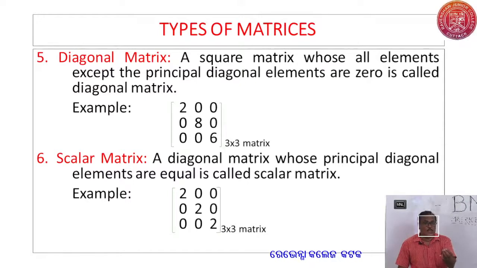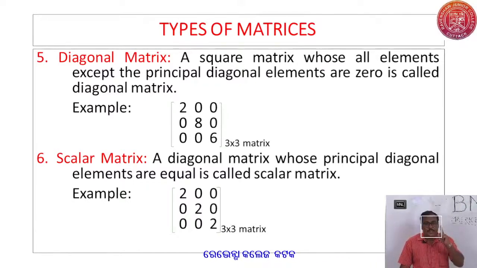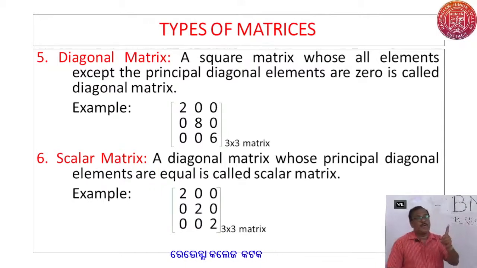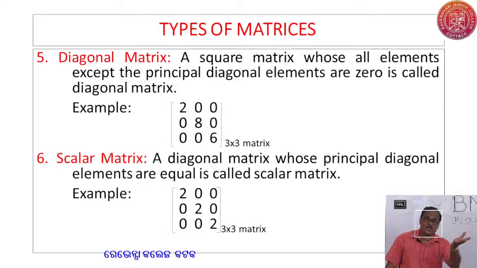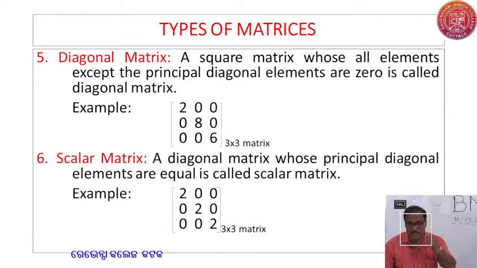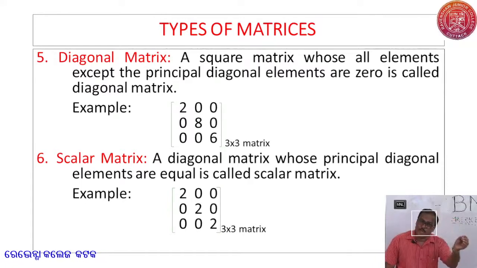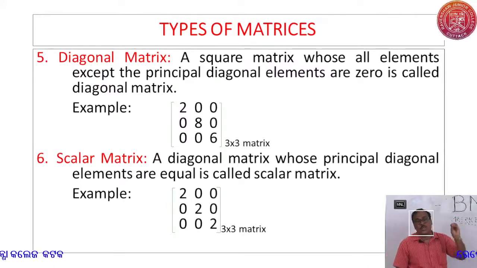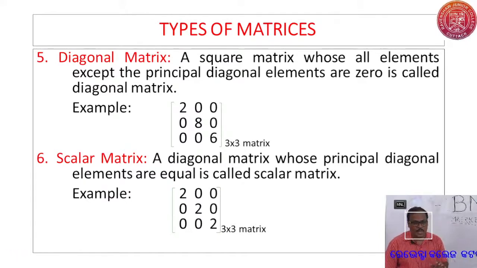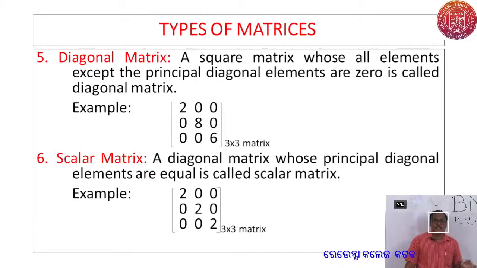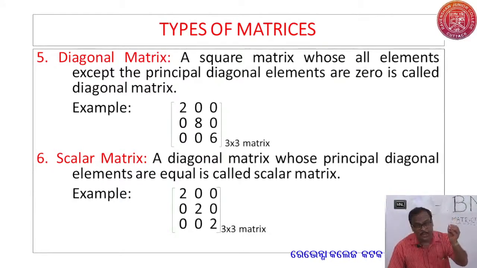In this case also there are two characteristics. The first characteristic is that it must be a diagonal matrix. On the basis of the diagonal matrix, we already know there are two characteristics: the principal diagonal elements are something, but the other elements are 0, and it must be a square matrix.